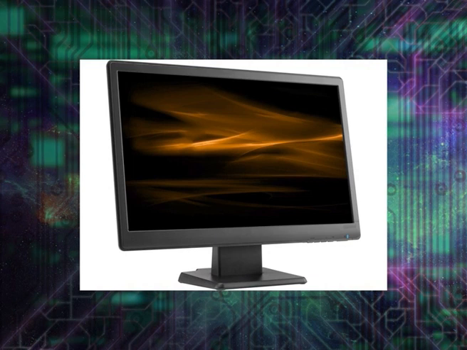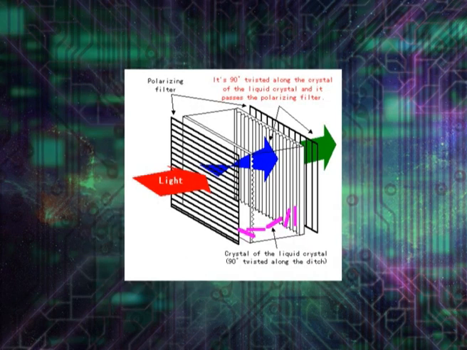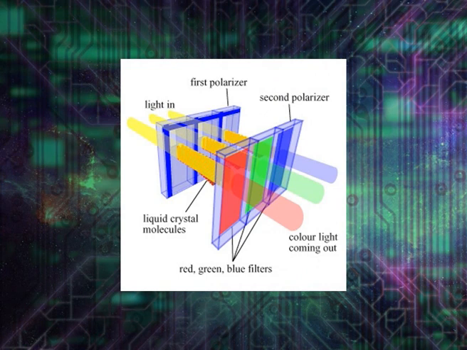LCD, or liquid crystal display monitors. An LCD monitor consists of a layer of monochrome pixels arranged schematically between a couple of transparent electrodes and two polarizing filters. Optical effect is achieved by polarizing the light in varied amounts and making it pass through the liquid crystal layer.